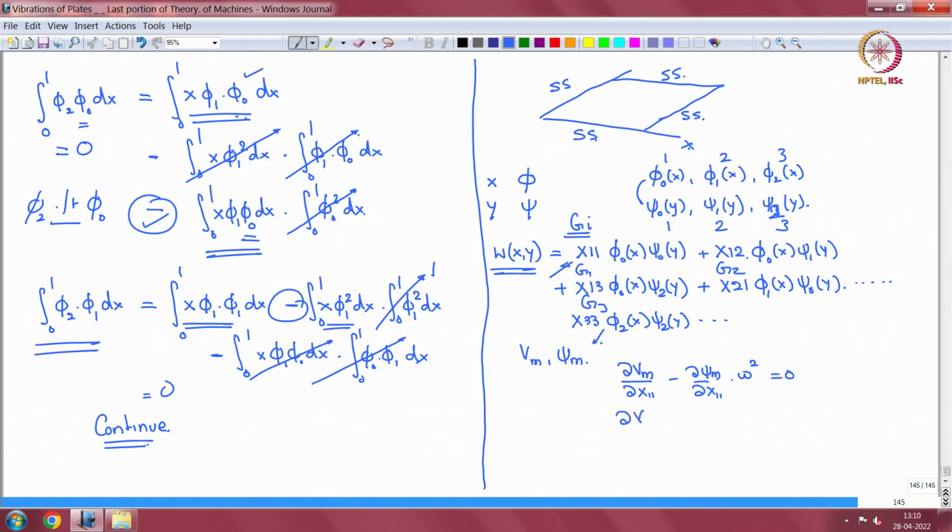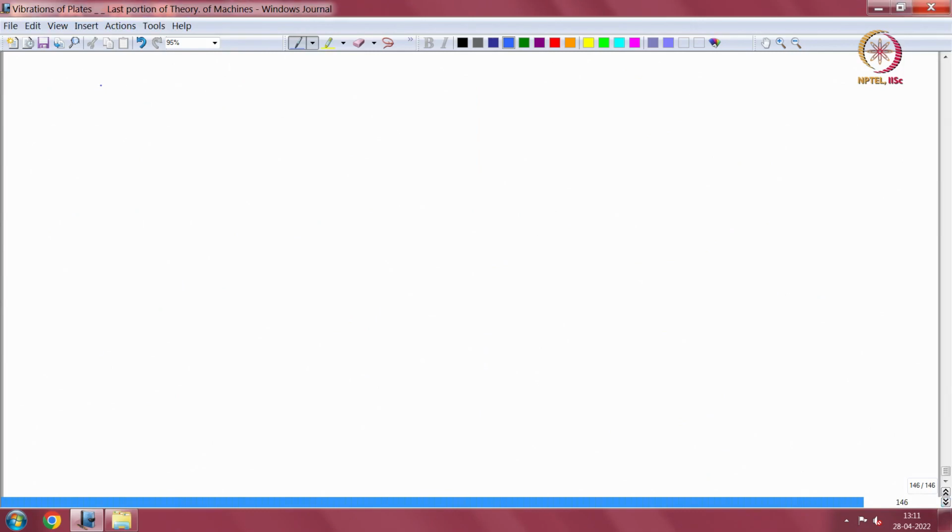Then del Vm by del x12 minus omega square del chi m by del x12, etc. Start doing that, and finally you get your k x11, x12 minus omega square m x11 is equal to 0.